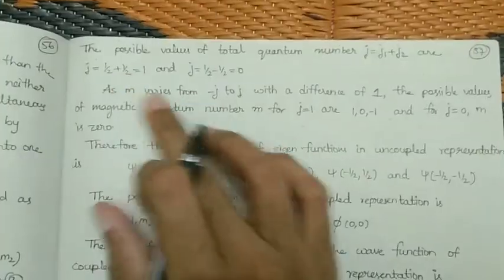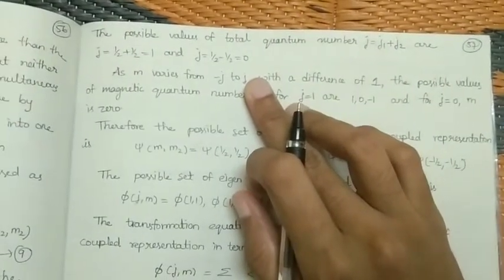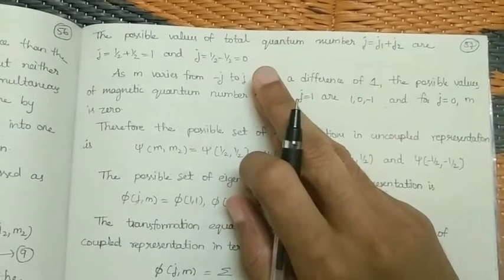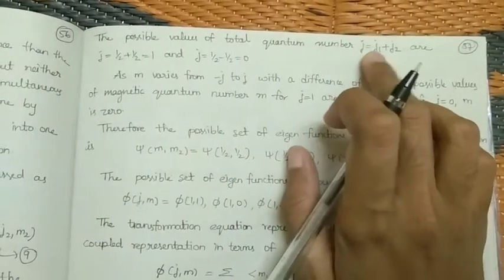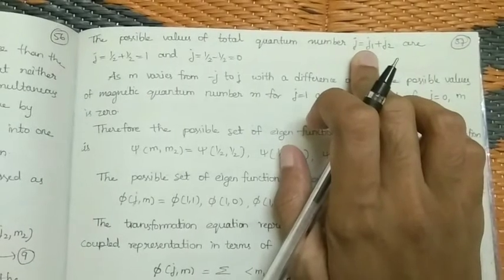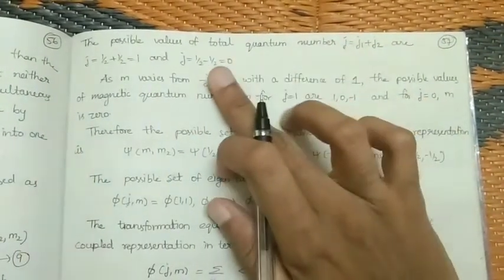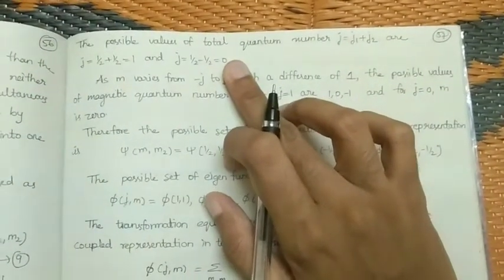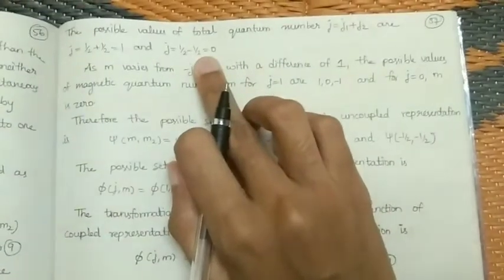So these are the two possible cases. If we are adding L, S, we would have L minus S to L plus S values. So here we are adding J1, J2 vectors, so it would have values from J1 minus J2 to J1 plus J2. So J1 minus J2 is nothing but 0, and J1 plus J2 is 1, with an interval of 1. So that is the condition.